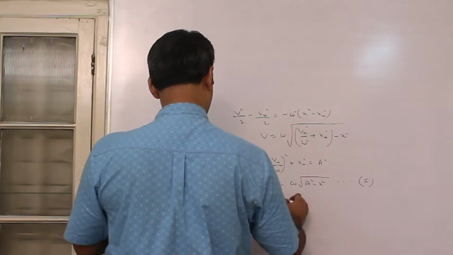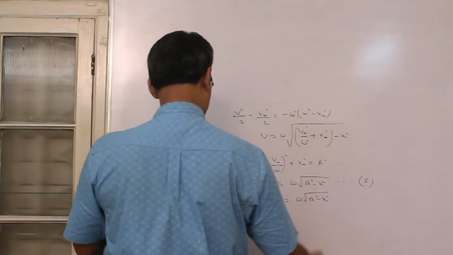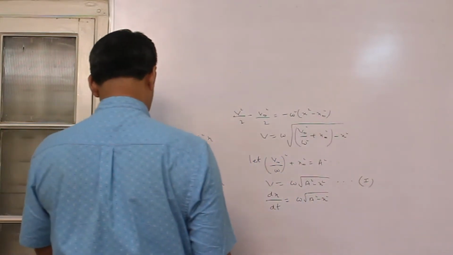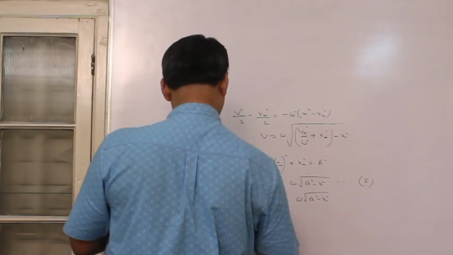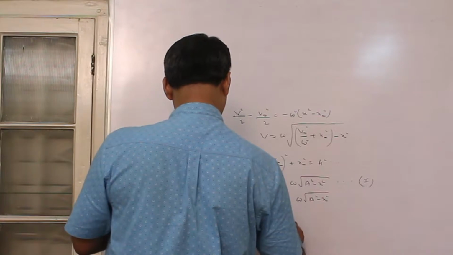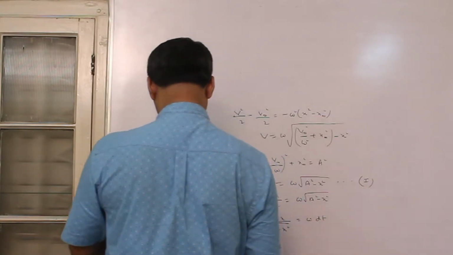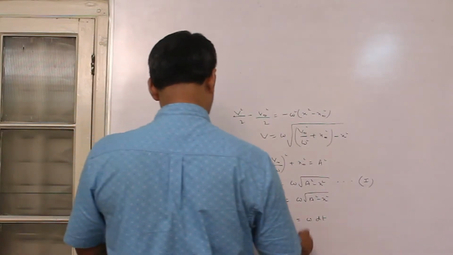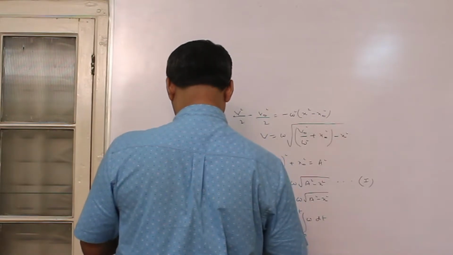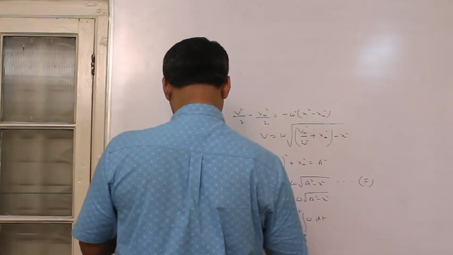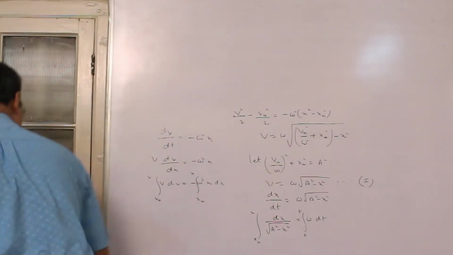Now, if we write dx by dt is omega root a square minus x square, then this is what we will get. Now let us integrate both sides.